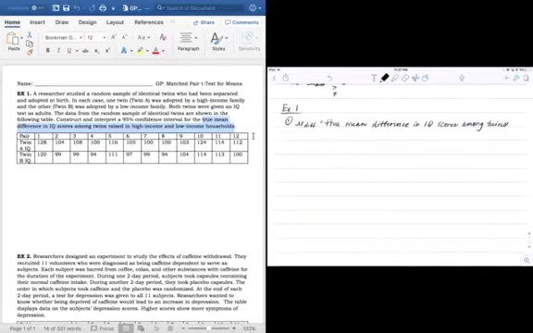Now, for the twins, let me just make a note. Well, I'll make the note at the end. Among twins raised in high income and low income households.